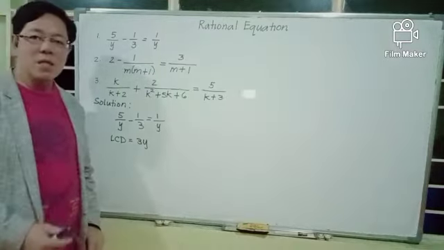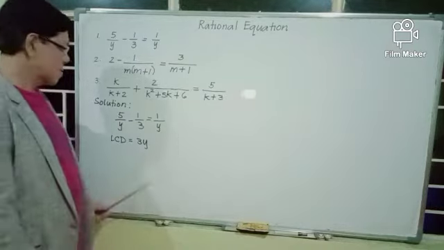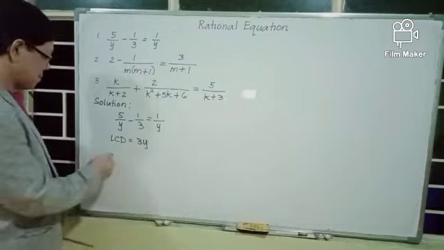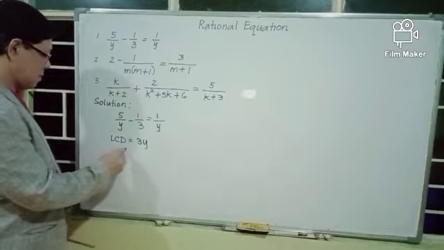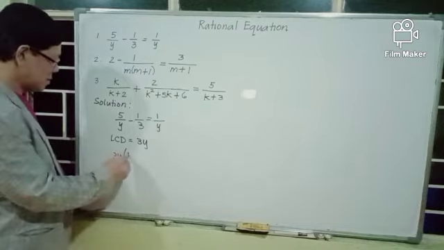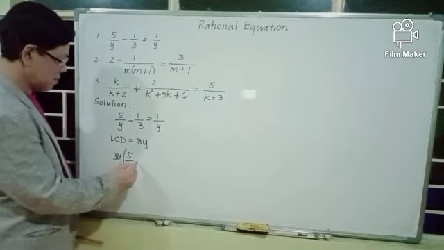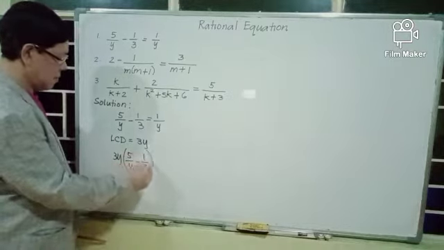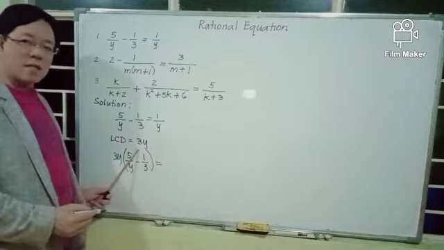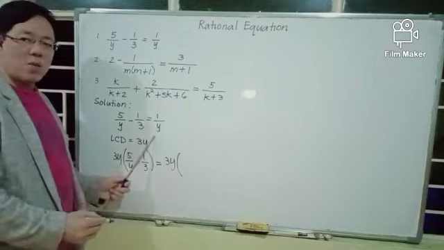So we take y with exponent of 1. After getting the LCD, you now multiply the left-hand side and the right-hand side by the LCD. We start with the left-hand side, we multiply by the LCD 3y. 3y multiplied by the left hand side 5 over y minus 1 over 3 equals, we also multiply the right hand side by the LCD 3y multiplied by 1 over y.